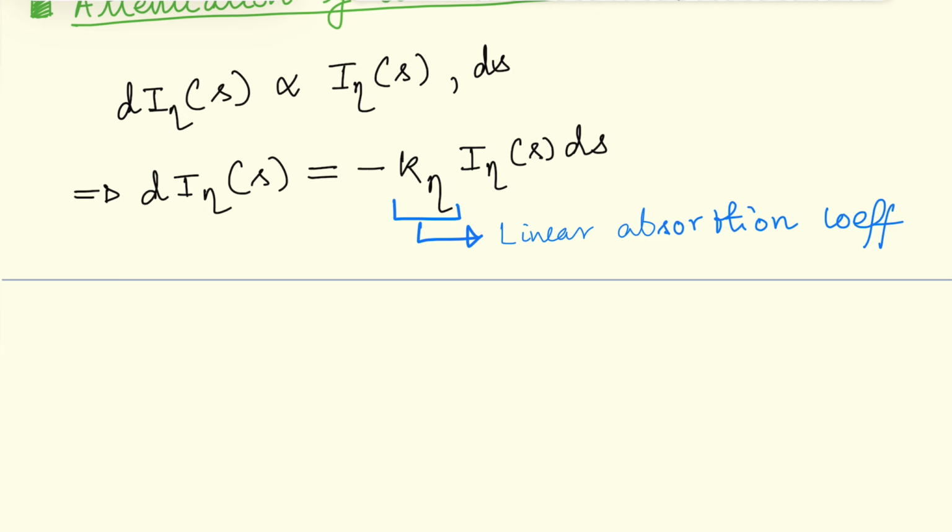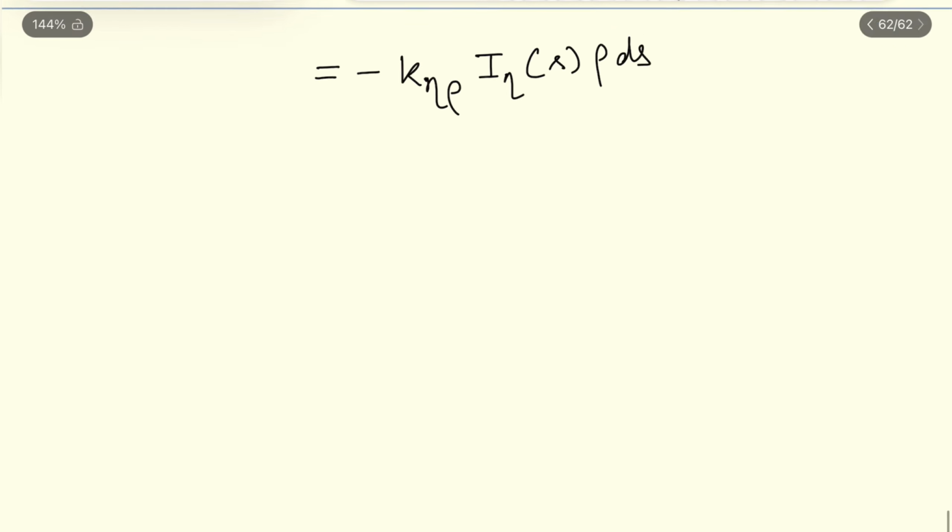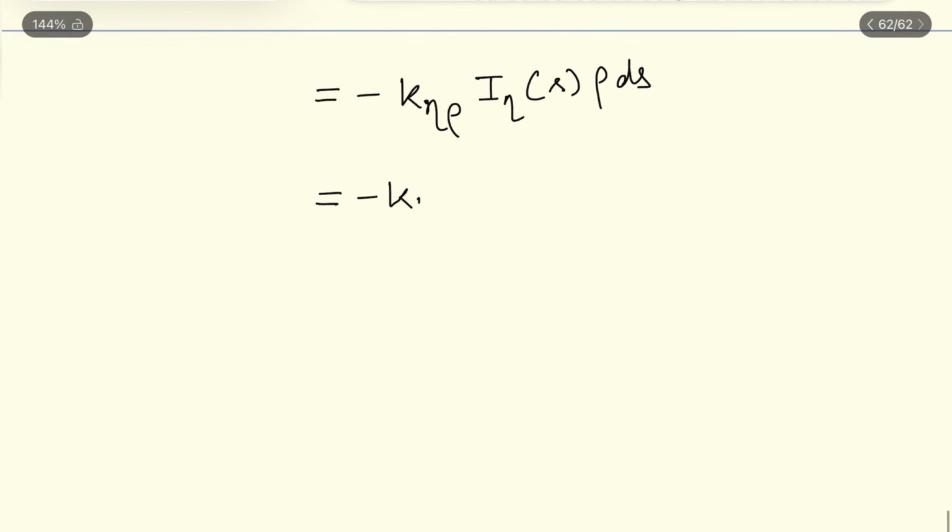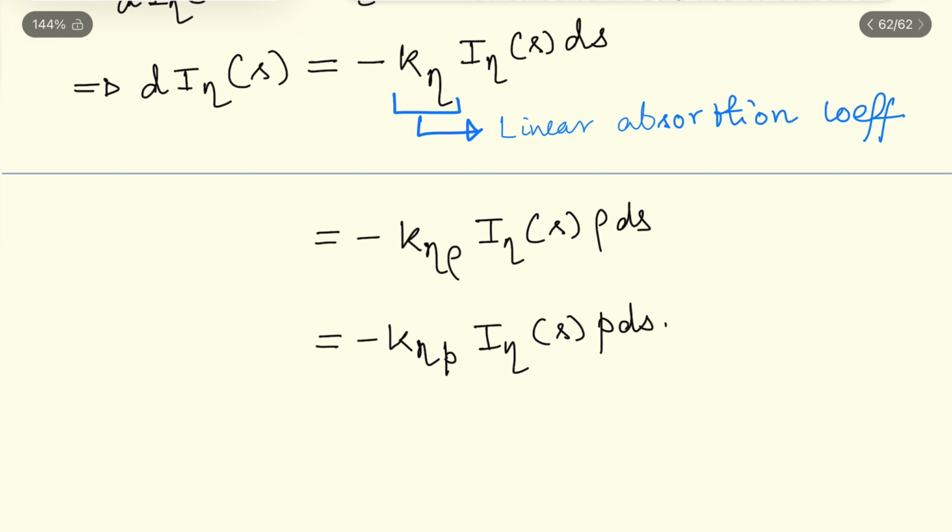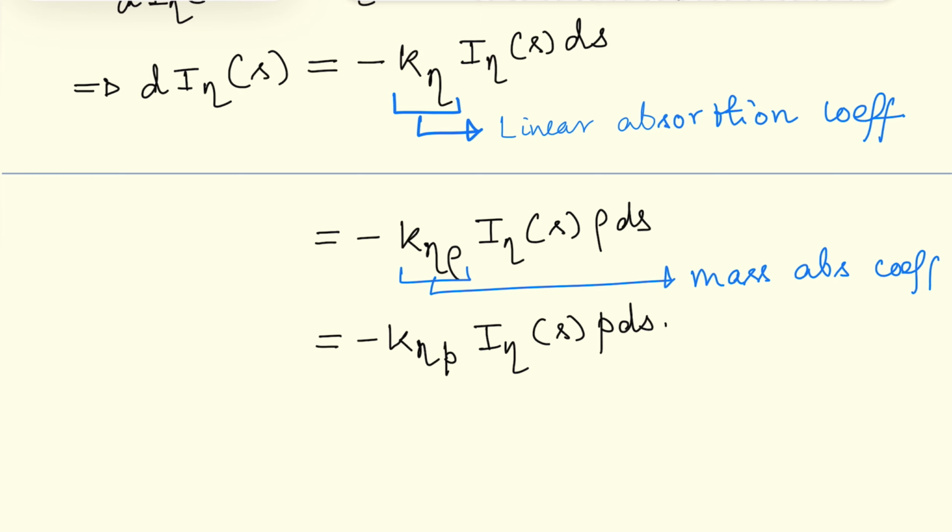Just for information, it can also be written like this: minus kη ρ Iηs ρ ds. It can also be written as minus kη p Iηs p ds. Here ρ and p are the density and pressure of the media, and these are called the mass absorption coefficient and the pressure absorption coefficient.